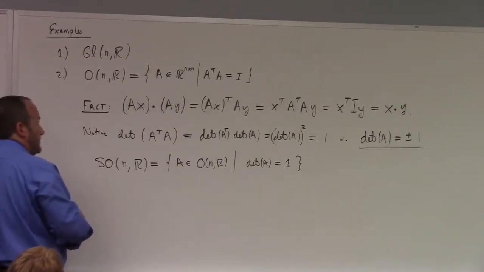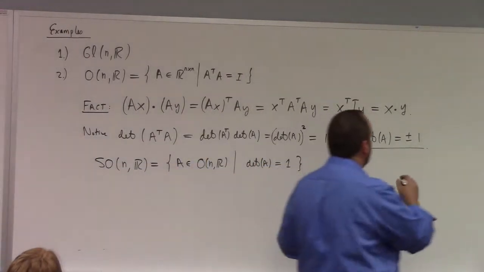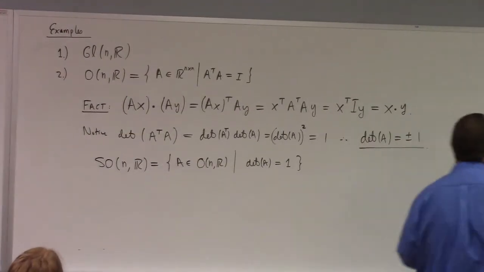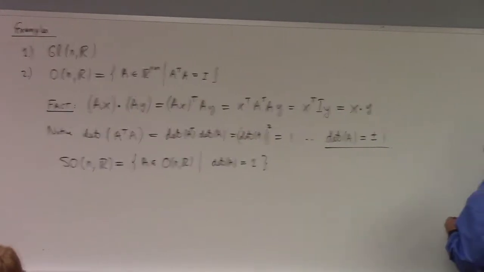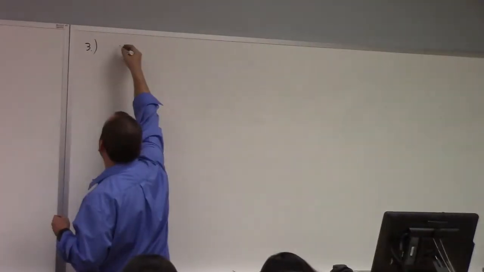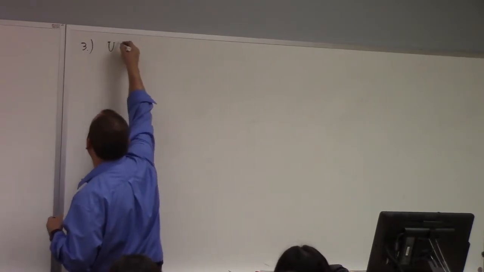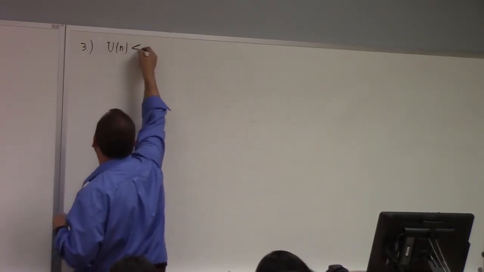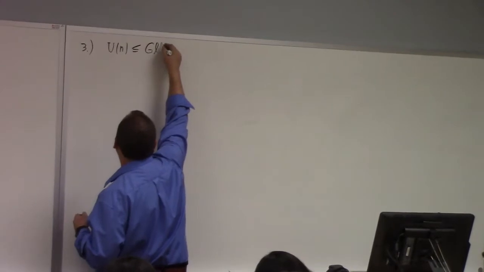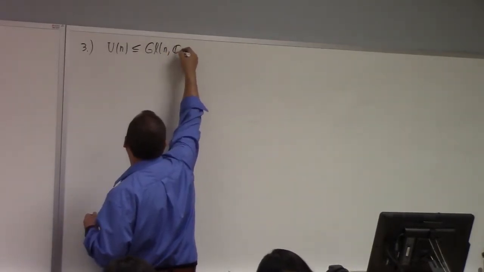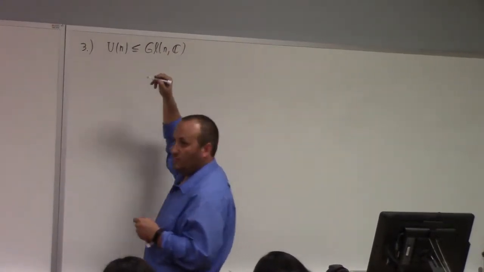Do we have other examples? Well, I can give you kind of an uber example, if you will. But before I get to that, we can also talk about U_n, the unitary group of order n. This is a subgroup of GL_n(C), right? What's the unitary group of order n?